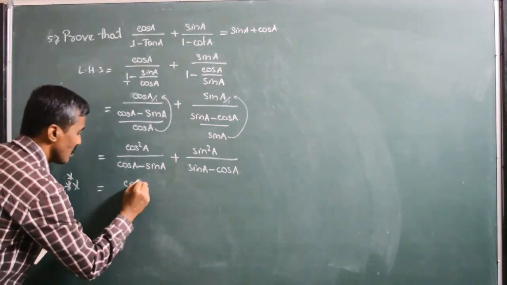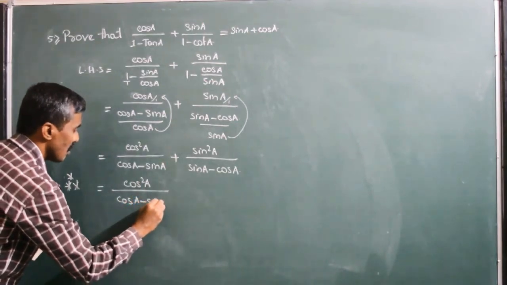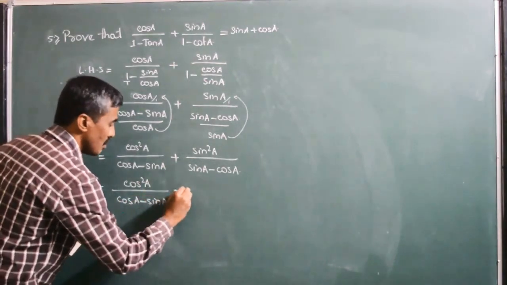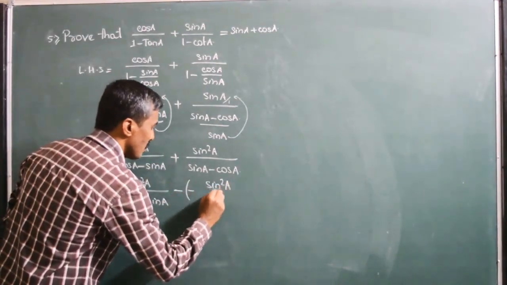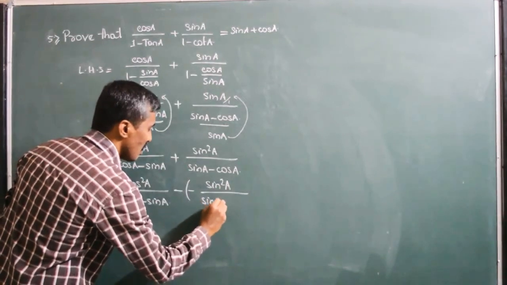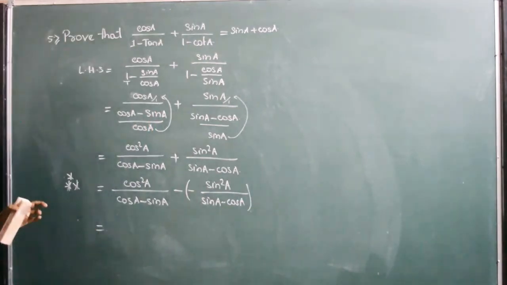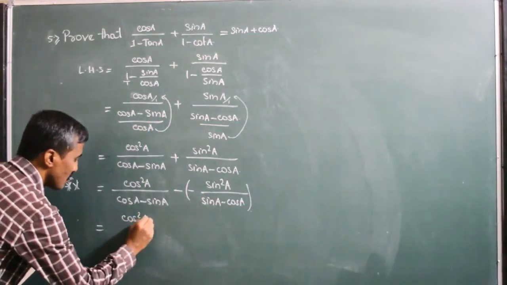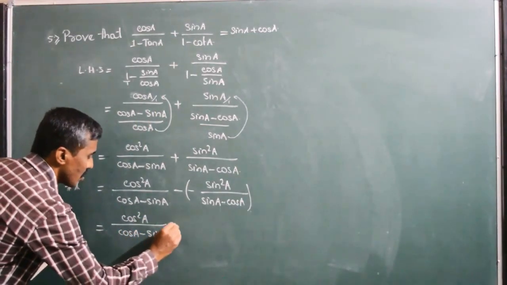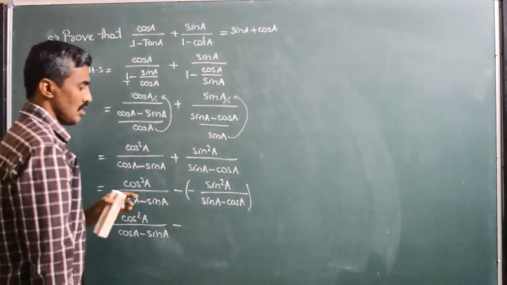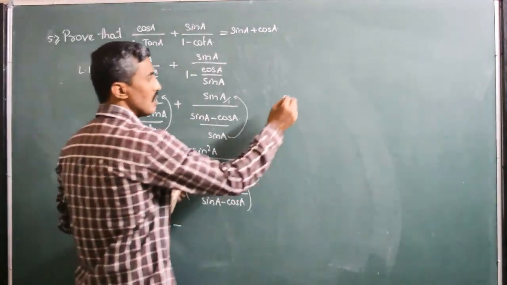So I will keep the first term as it is, cos square A whole divided by cos A minus sin A. So plus can be written as minus of minus, yes, minus into minus is plus. So sin square A whole divided by sin A minus cos A, that equals, first term as it is, cos square A divided by cos A minus sin A minus, so in the fraction, either you can multiply this minus to the numerator or to the denominator.